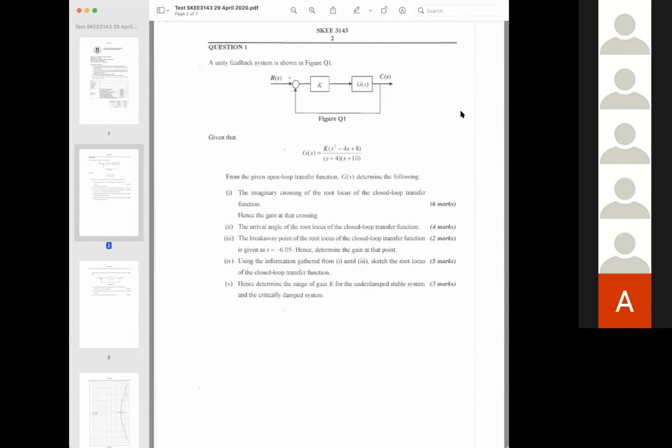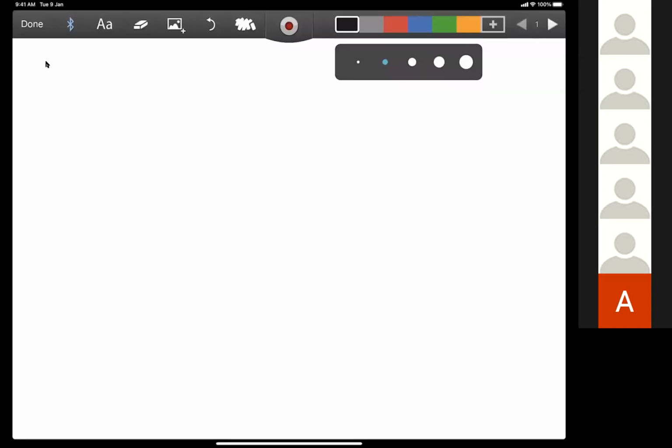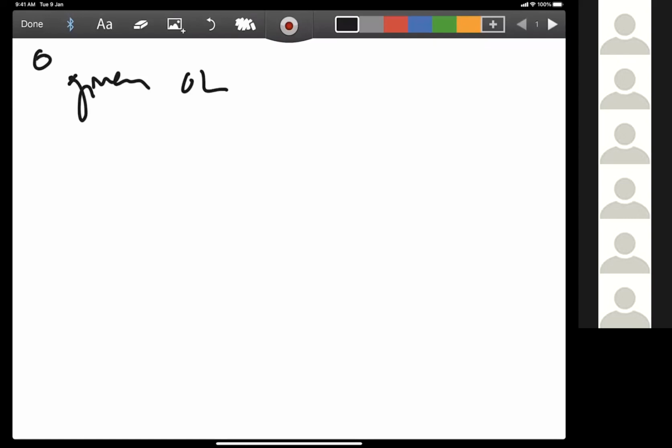Given the open loop transfer function, which is G(s), now we have to find the closed loop, G closed loop.